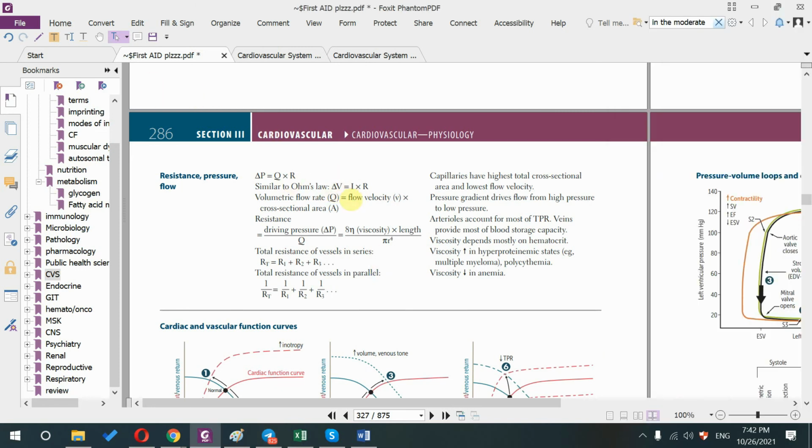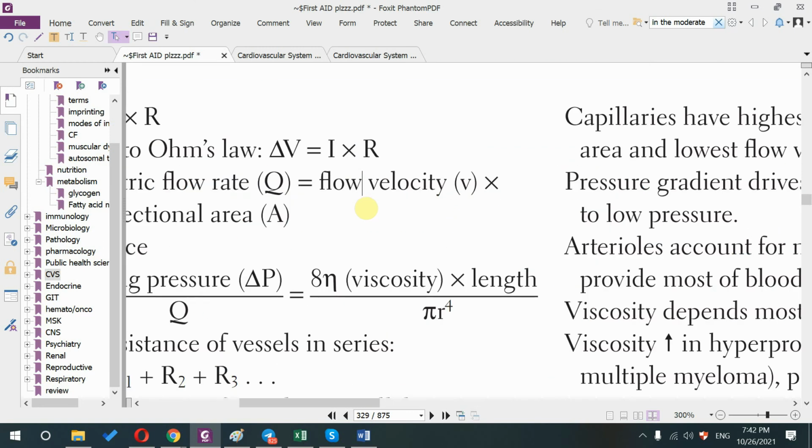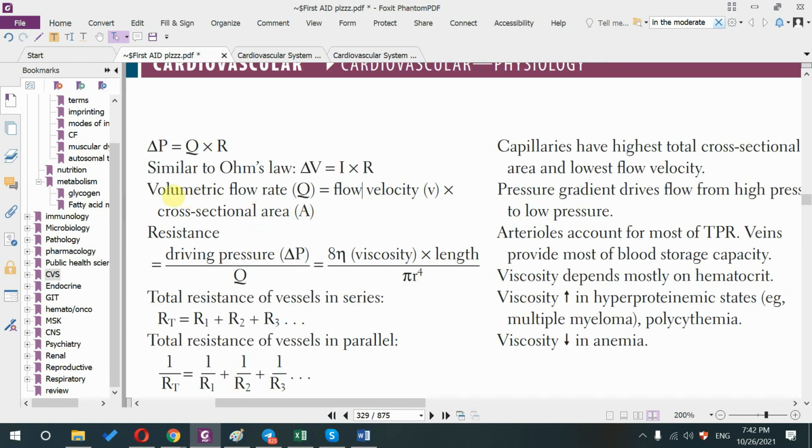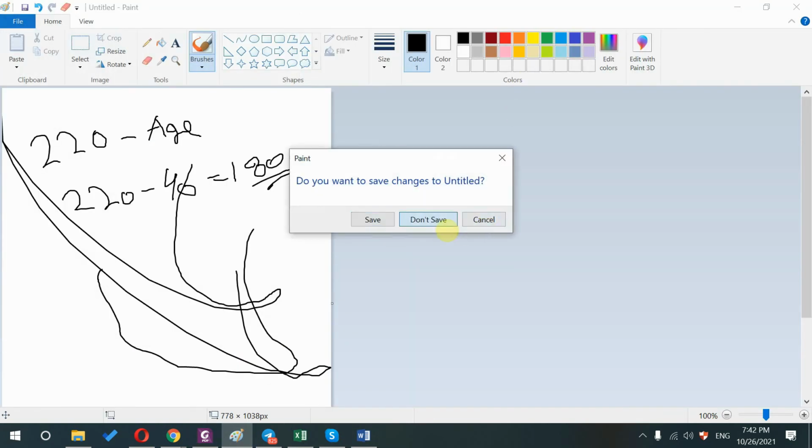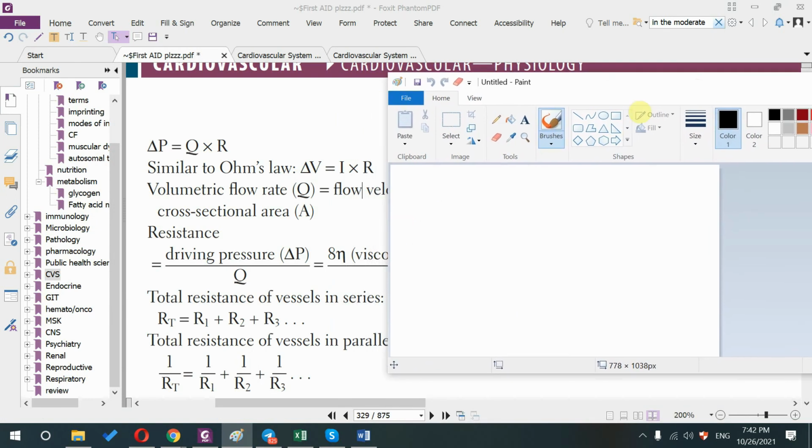What does it mean? You don't have to memorize this formula for the test. These ones are not needed from you. But you have to understand what they mean. Look, the volumetric flow rate is equal to the flow velocity multiplied by the cross-sectional area. Guys, you already know it, but you forgot it. So let me show you what that means.